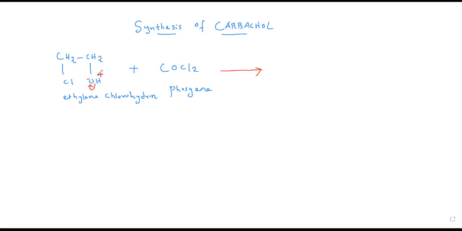So oxygen gets a partial negative charge and hydrogen gets a positive charge. Similarly, there are two chlorine atoms in phosgene. Halogens are very good leaving groups; they can leave the reaction very easily. So the positively charged hydrogen atom reacts with one of the chlorine atoms to liberate hydrochloric acid as a byproduct.